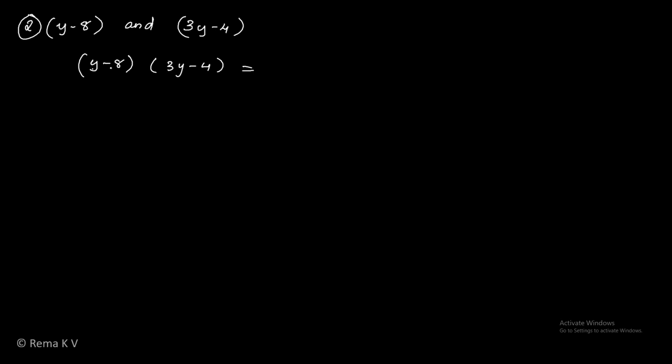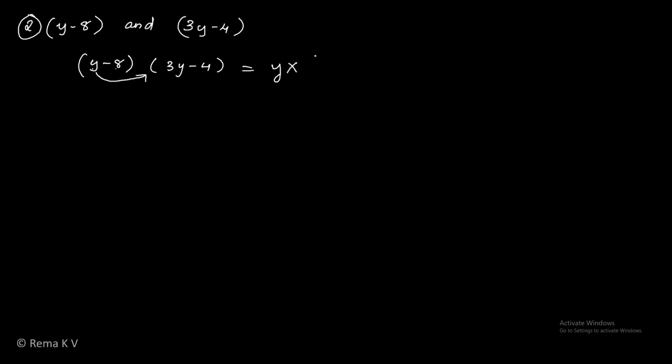First one is y and the second one is minus 8. In the second bracket it is 3y and minus 4. Two binomials again. So here first let us multiply y with 3y minus 4.